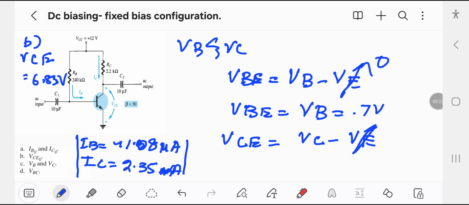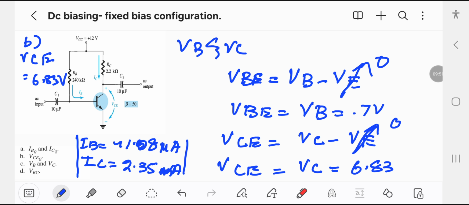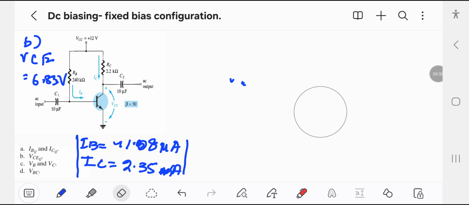As we know that VE is equal to 0, VCE is actually equal to VC, and that is equal to 6.83 volt.